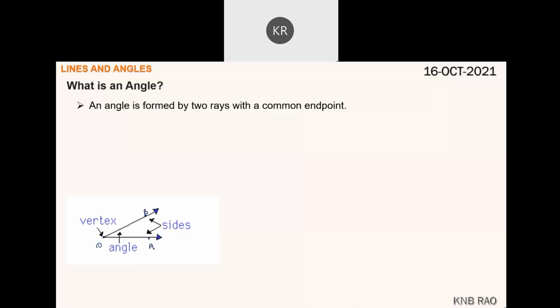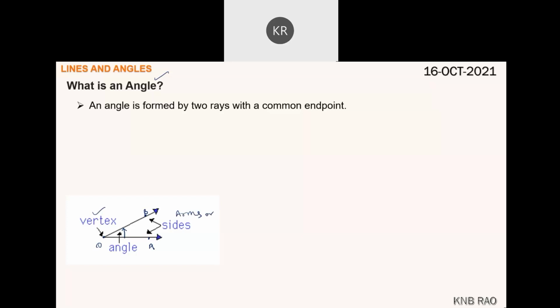Here, the angle formed between two rays with a common endpoint, this figure is referred to as an angle, and remember this common endpoint is called the vertex. The rays which are forming it are called arms or sides.